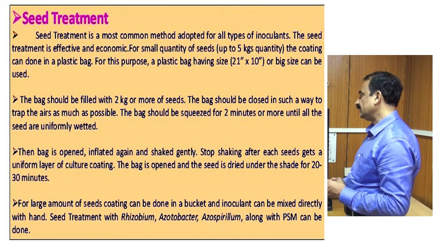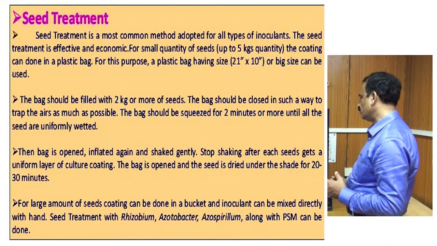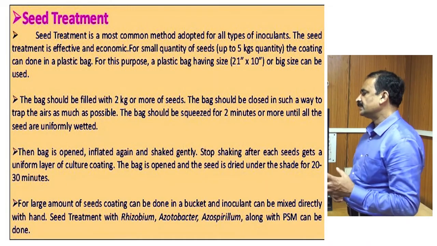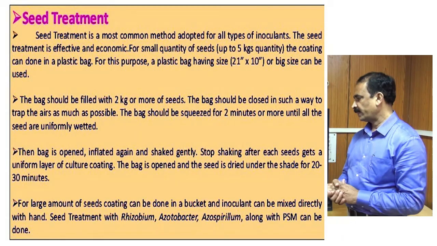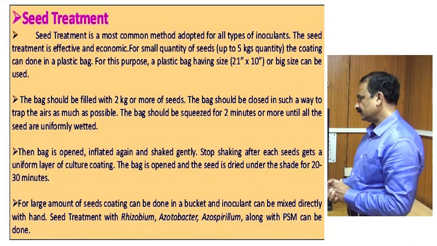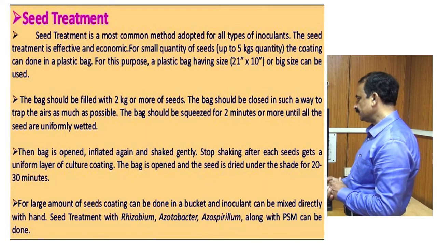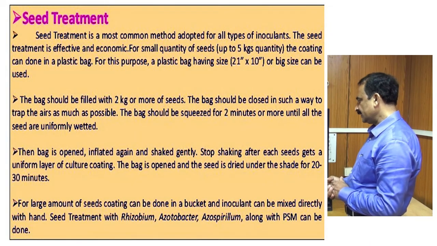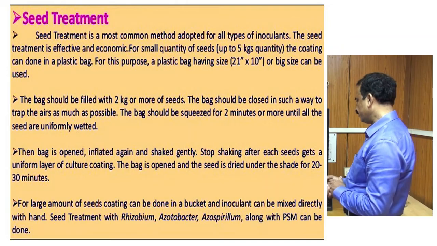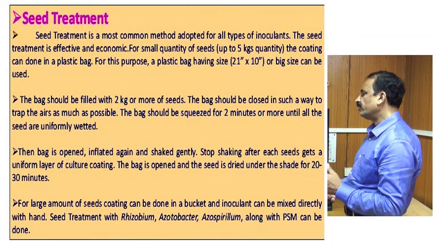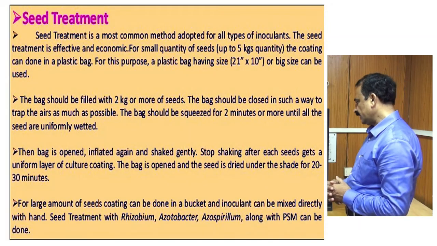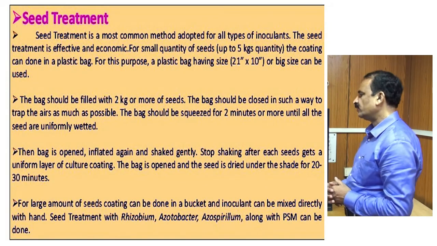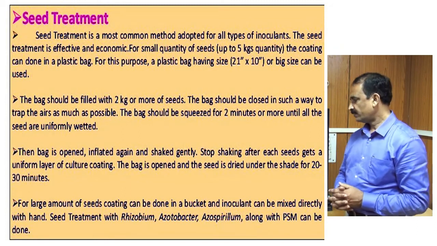The bag should be squeezed for 2 minutes or more until all the seed is uniformly coated with a black color. The bag is opened, inflated again, and gently shaken, and stop shaking after each seed gets a uniform black color layering. The bag is opened and the seed is dried under the shade for 20 to 30 minutes.